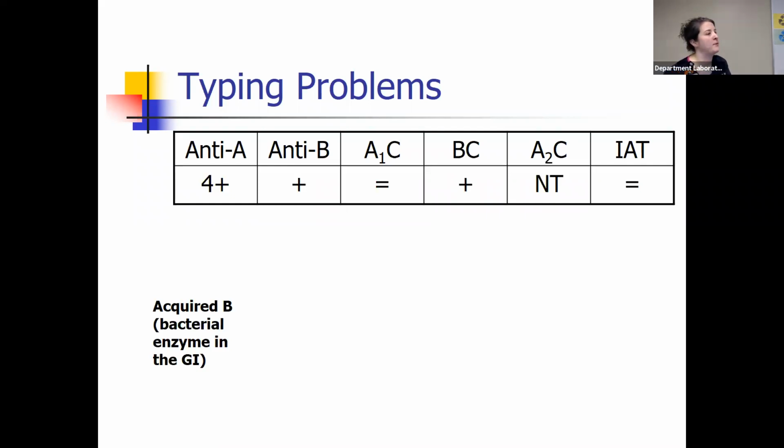How would you transfuse this patient? You could give them A, but you could also just give them O, just to be safe.